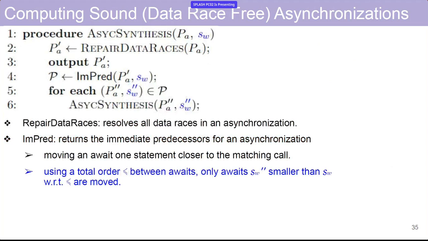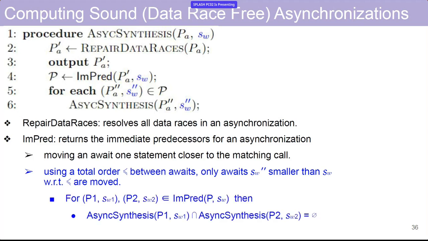So here we introduce a total order between the awaits. And we introduce a new parameter to the async synthesis procedure, such that the immediate predecessor changes. We give it a new parameter, which is some await statement, and we take the predecessor where we only move awaits that are smaller than the given parameter in this total order.